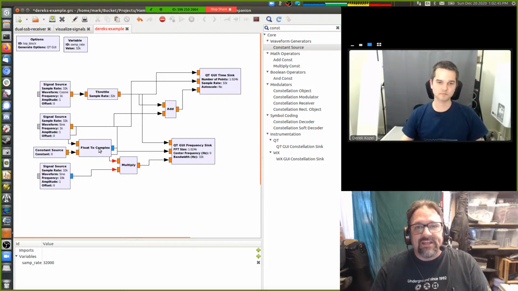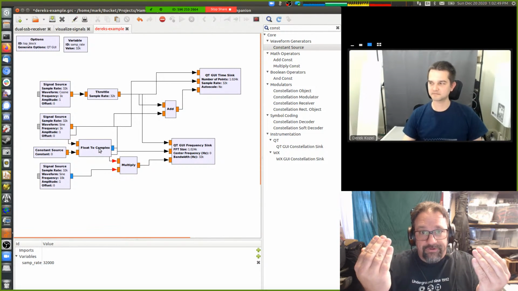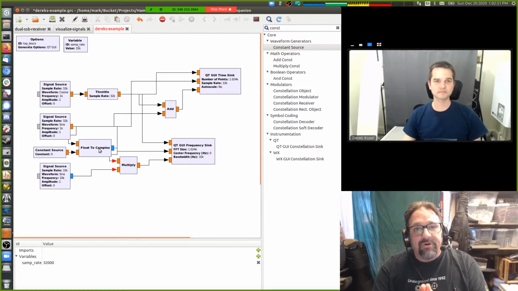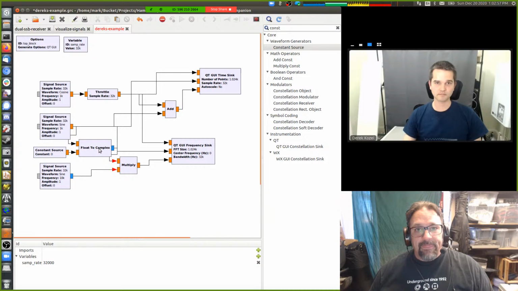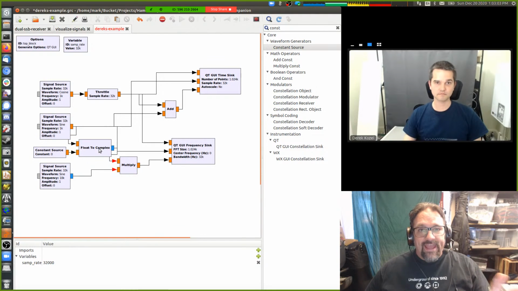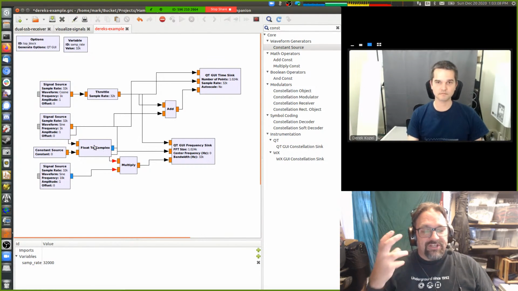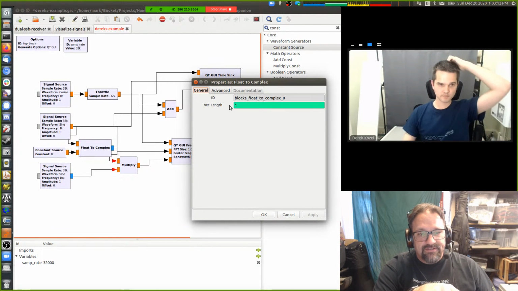So it's a way of saying resistance and reactance, or in this case, in phase and quadrature, right? A complex number is just a two-dimensional number. It's an array of two numbers. That's all we care about, right? So you can ignore the whole square root of -1 shenanigans that we play to make it work mathematically. Just view it as a two-dimensional number. So what are we doing here with this float to complex?